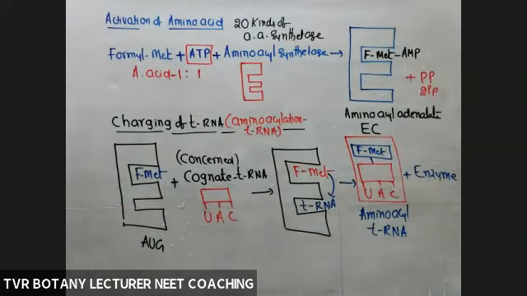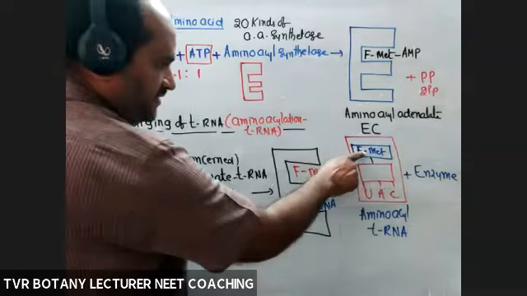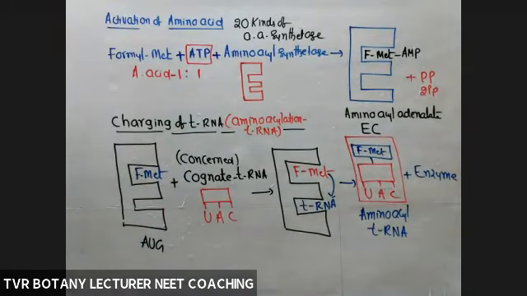So tRNA each time is able to transport one amino acid only. Its capacity is only one kind and one only. How many CCA ends are there? Only one, towards the 3' end. So definitely each tRNA is able to transport one kind and one amino acid only. What is the type of amino acid? Formyl methionine.